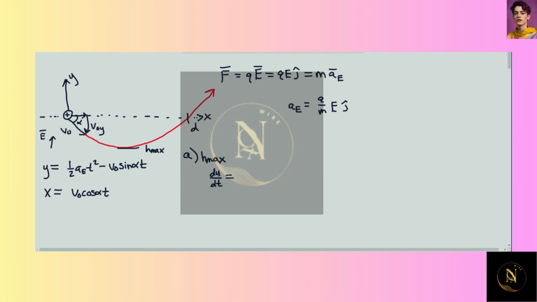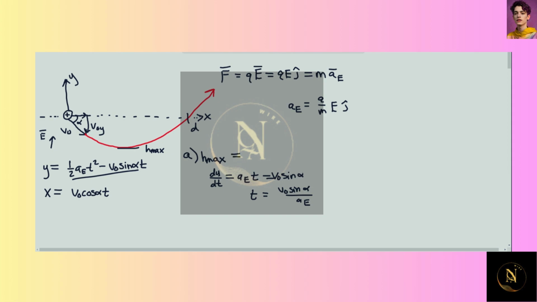This will have a value if we take the derivative of this equation, a sub e times t minus v sub 0 sine alpha. We want to know when this is equal to 0. We add this on both sides, we get this new equation, and we solve for t. We find that t is equal to v sub 0 sine alpha over a sub e. This is the time at which h max occurs.